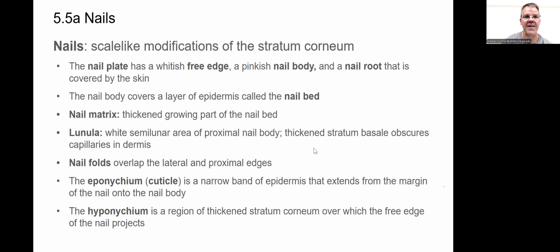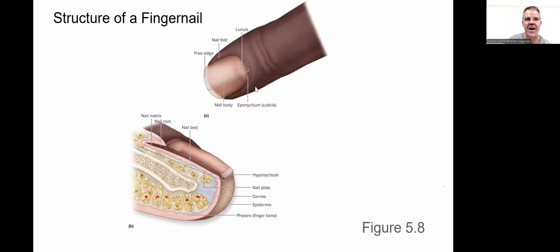Okay, so let's take a look. Let's look deep here at our nail. The entire structure here we call the nail body. The free edge is that area hanging over that we tend to trim or like to extend. That nail fold is wrapping around the entire nail body on both the lateral edges and that proximal edge.